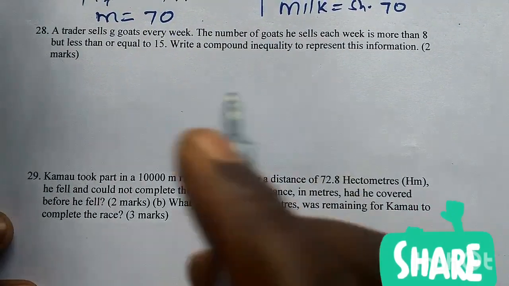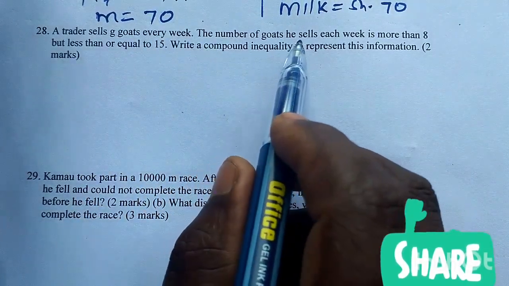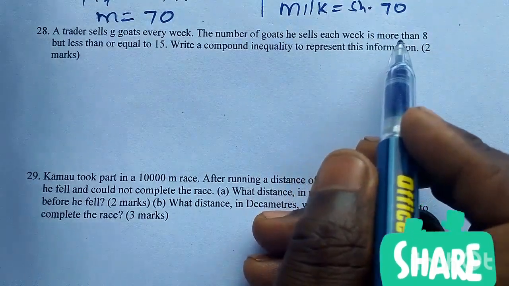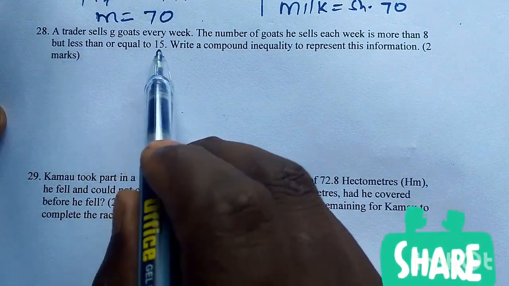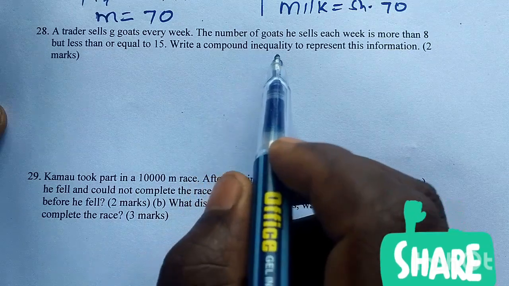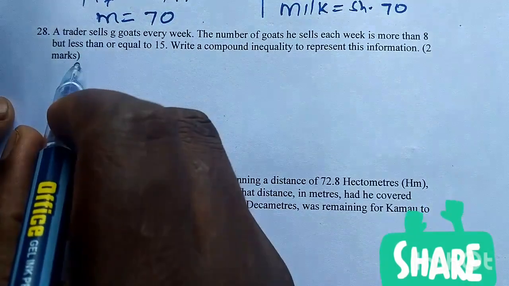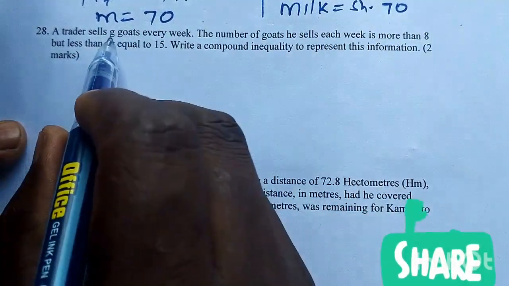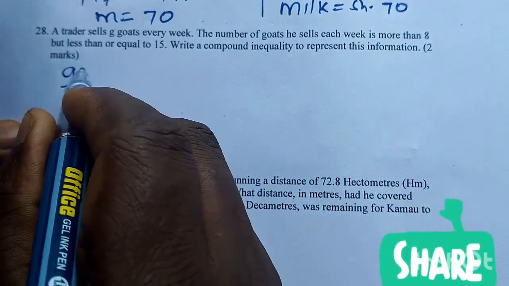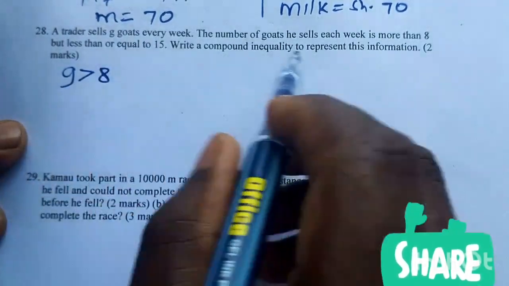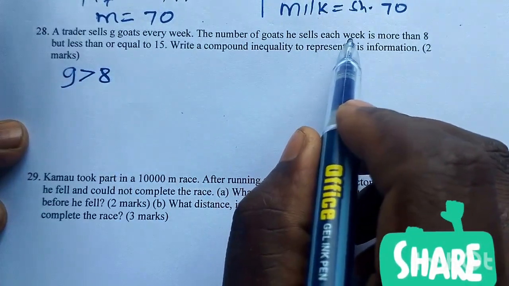A trader sells G goats every week. The number of goats he sells each week is more than 8, but less than or equal to 15. Write a compound inequality to represent this information. If the number of goats is G, the number he sells each week is more than 8.